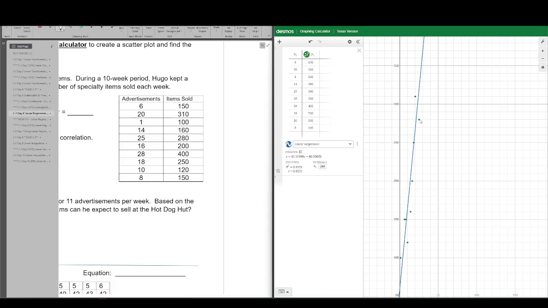I can turn on and off the scatter plot by clicking on this green circle with the white dots, and it makes it go away. And I can turn on and off the linear regression line by clicking on the blue line right here if I had a reason that I want to hide one or the other. Usually I would hide the dots because remember, as soon as we've drawn the blue line, the dots have no value and we never want to refer to them again, so hiding them is actually beneficial.